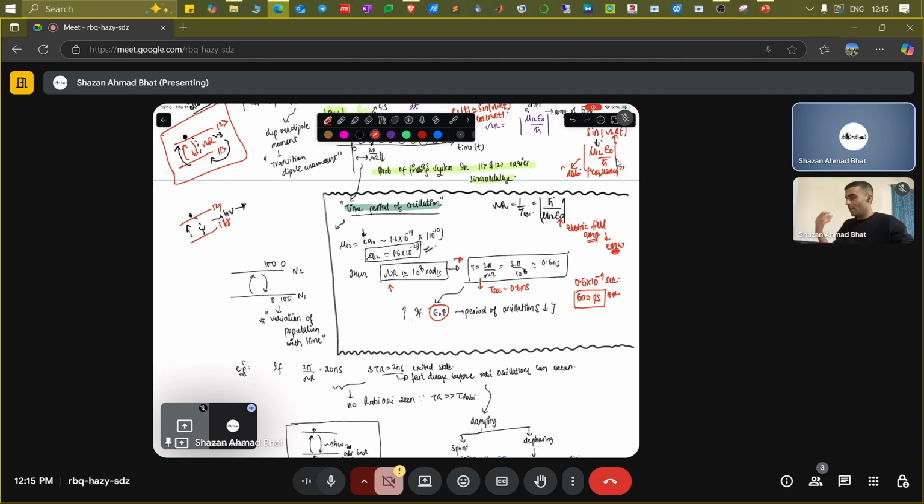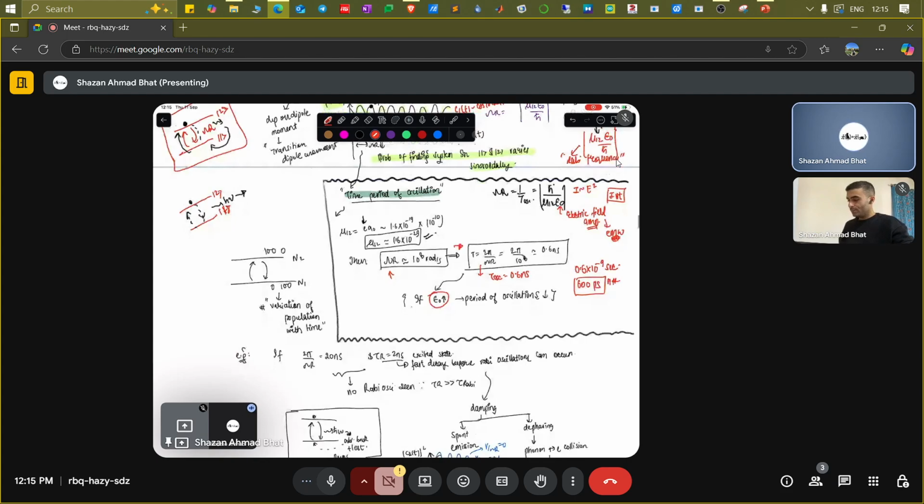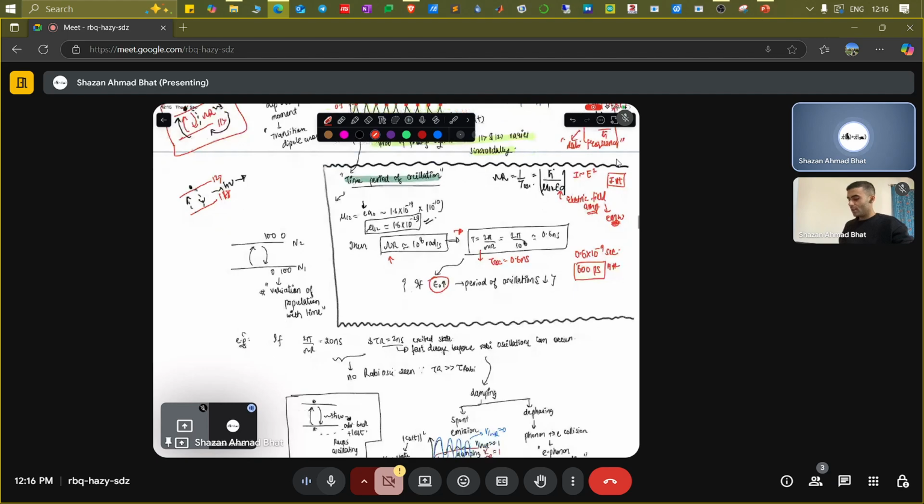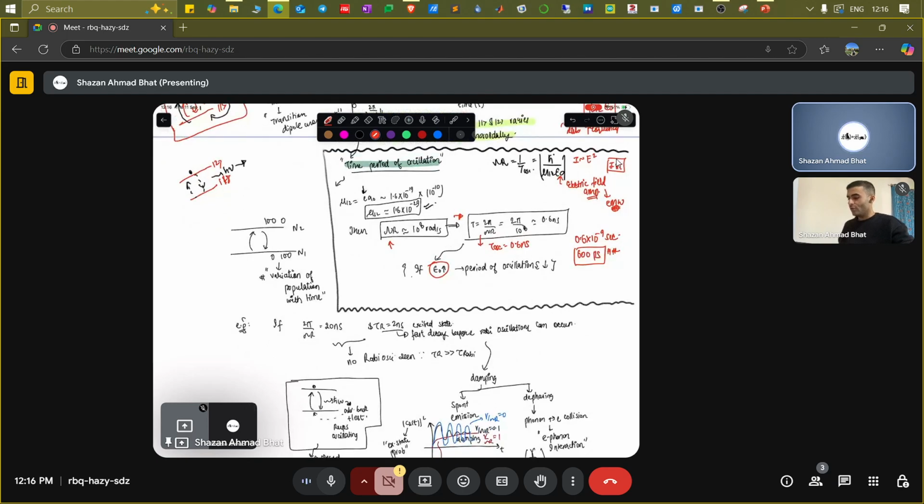Increasing the electric field means basically increasing the intensity of the electromagnetic beam, because intensity is directly proportional to the amplitude of the electric field squared. So if you increase the electric field, the period of oscillations is going to reduce because it's inversely proportional.